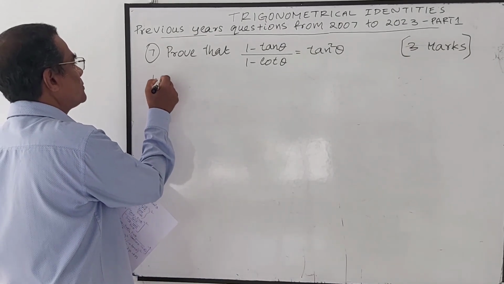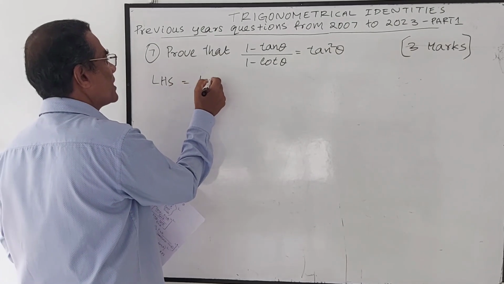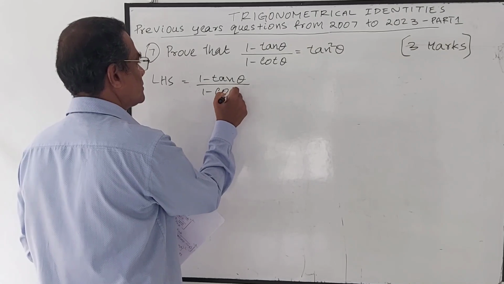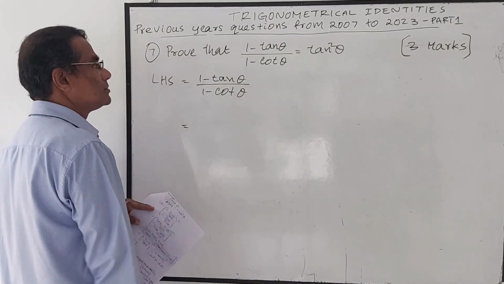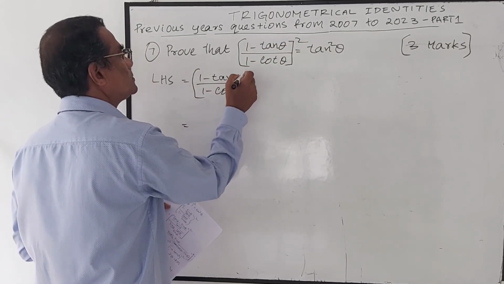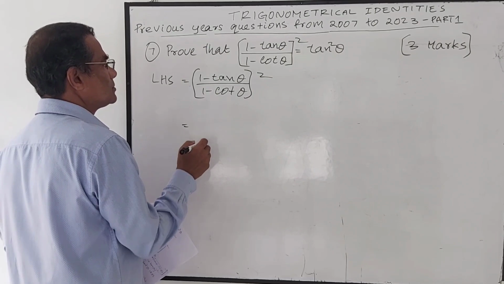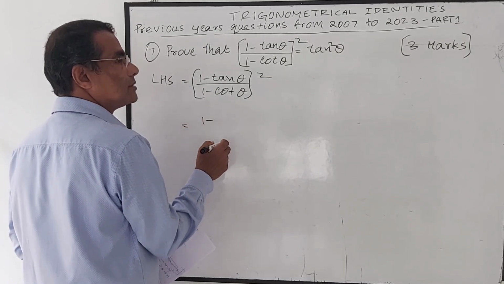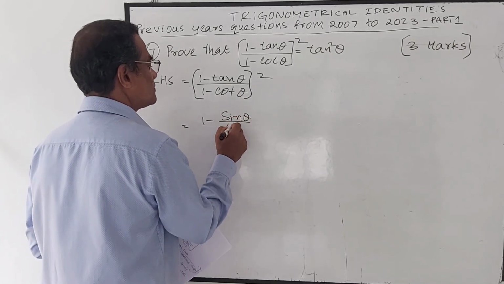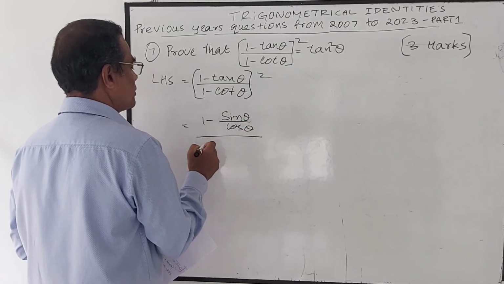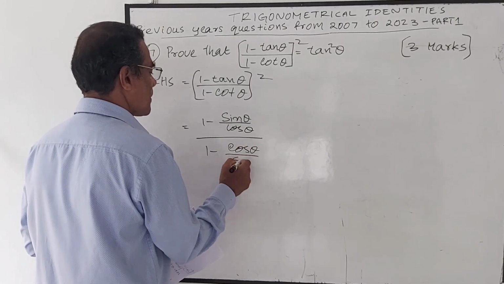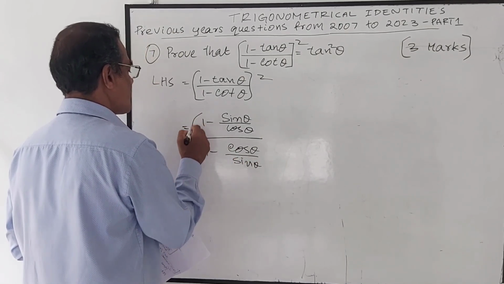Left hand side equal to 1 minus tan theta by 1 minus cot theta, this is whole square, equal to 1 minus, instead of tan theta, sin theta by cos theta, and in the numerator also instead of cot theta, cos theta by sin theta, whole square.